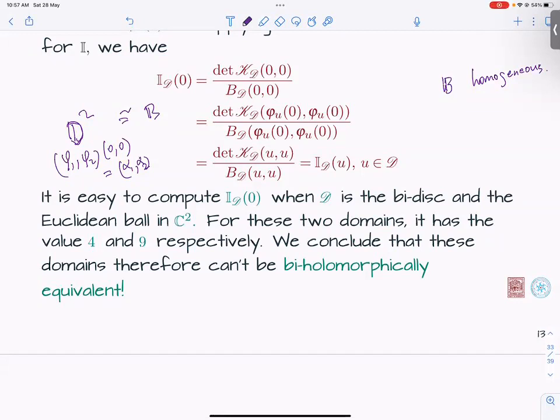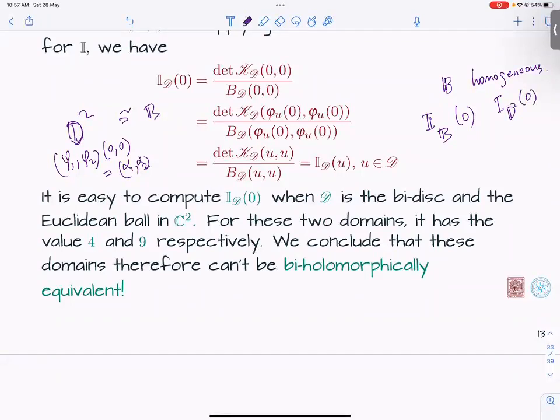Well, then we have come to the wonderful conclusion that to decide whether the bidisk and the Euclidean ball are biholomorphically equivalent or not, we simply have to compute I of the ball at 0, and compute I of the bidisk at 0.